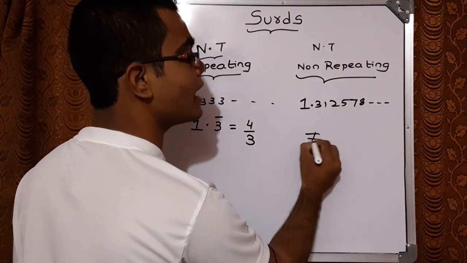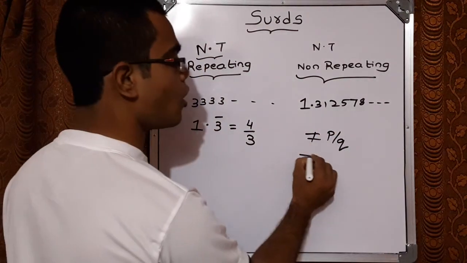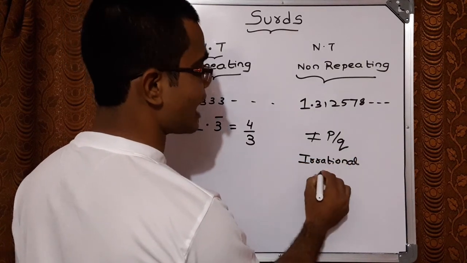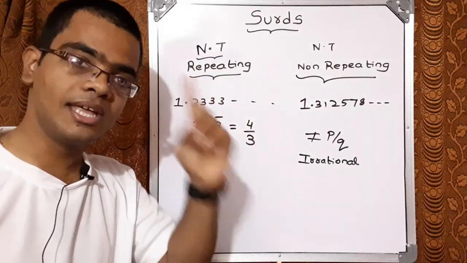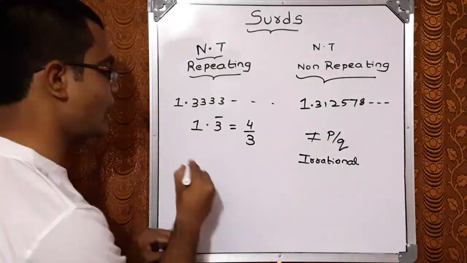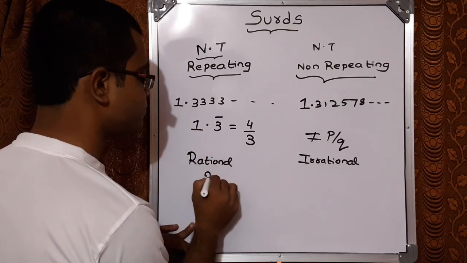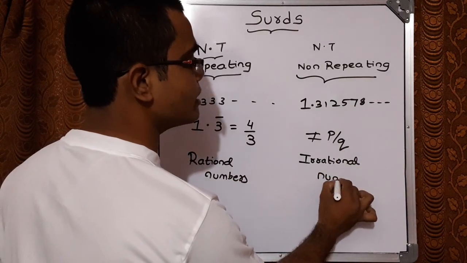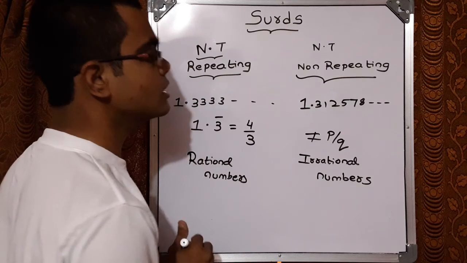We cannot write this as p by q form. So these are called irrational numbers. And for sure, I'm clarifying again, every non-terminating repeating decimal can be written as p by q form, so they are rational numbers only. Sir, what is the connection between these irrational numbers and our chapter Surds? We are going to see.